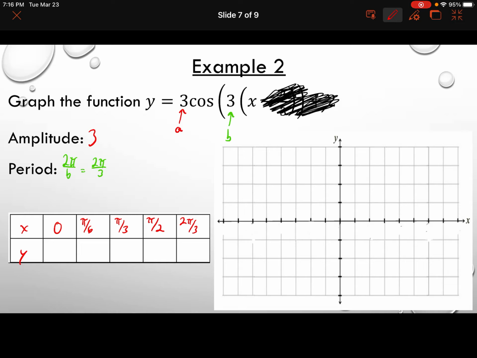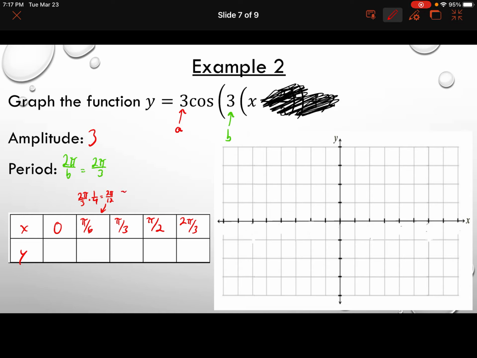And then once again, if you use that alternate strategy that we covered in class of finding the x values in between, you would have ended up with the period divided by 4, which, remember, when you divide something by 4, that's the same thing as multiplying by 1/4. So that gives us 2 pi over 12, which reduces to 1 pi over 6, right?